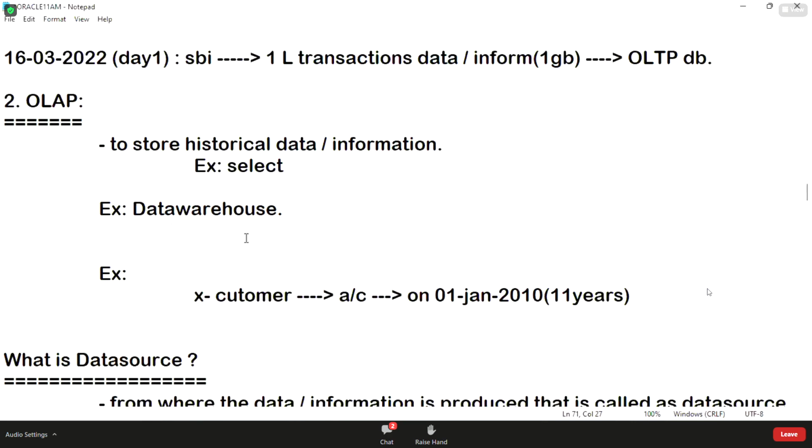Once you get it, just go and accept that invitation, and you will be registered. Immediately, I am sending this running notes along with the main notes. The PDF format is the main notes, and this text is the running notes. Clear now? Right, guys, so I stop here, and tomorrow is the first class of your Oracle.